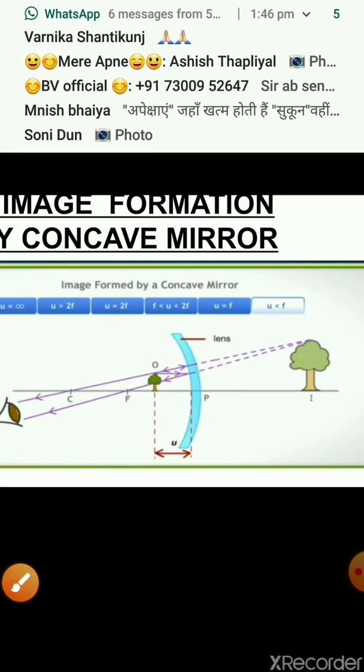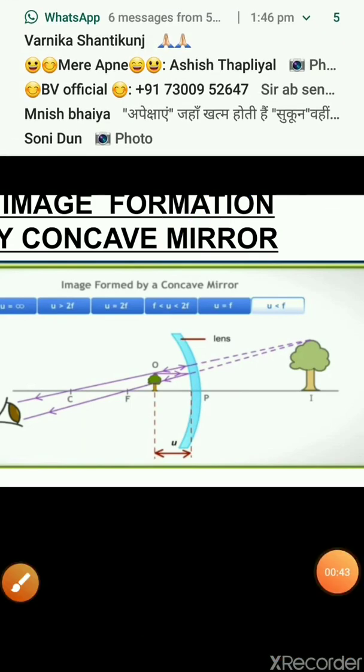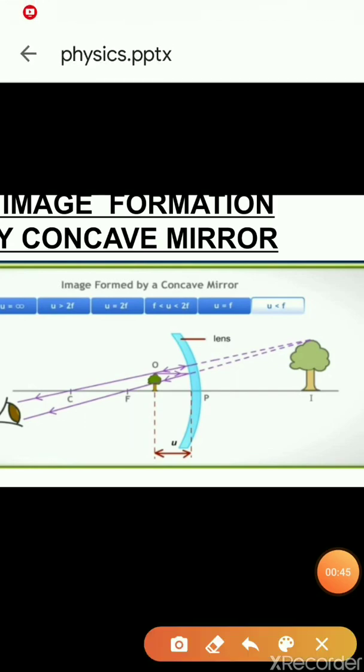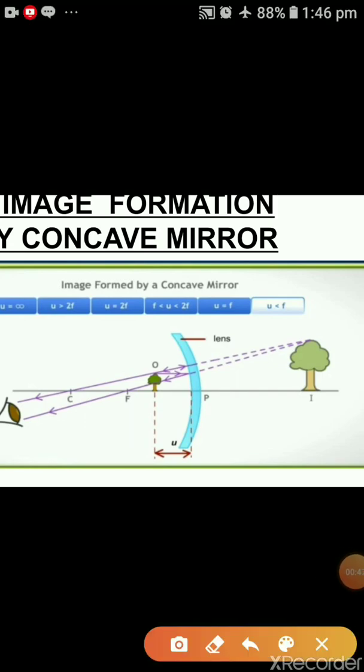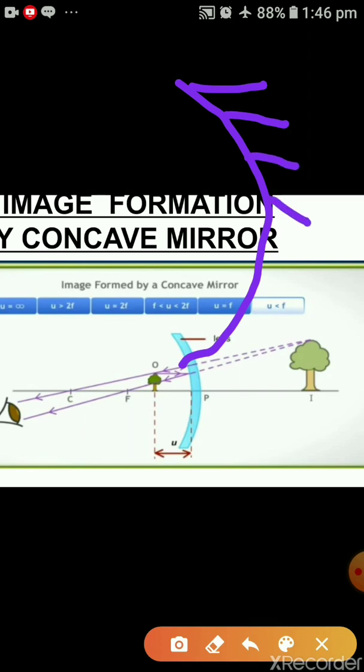So how are we showing that? We make a curved line like this, and then the non-reflecting surface will have these type of lines. After this, in between this reflecting surface we have a point. This is the center point of this reflecting surface.